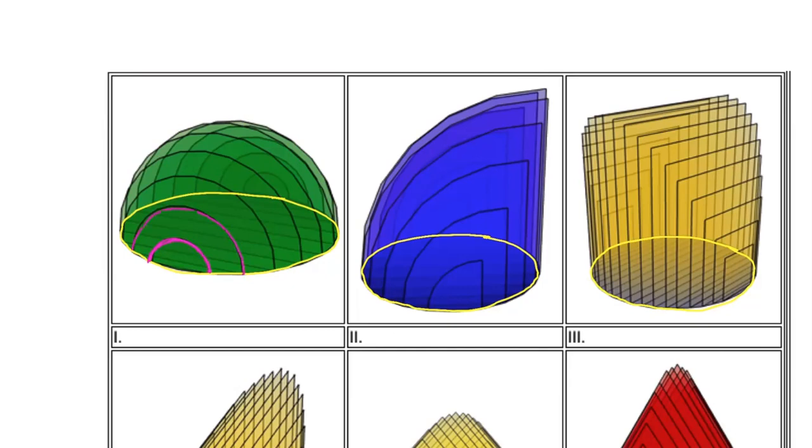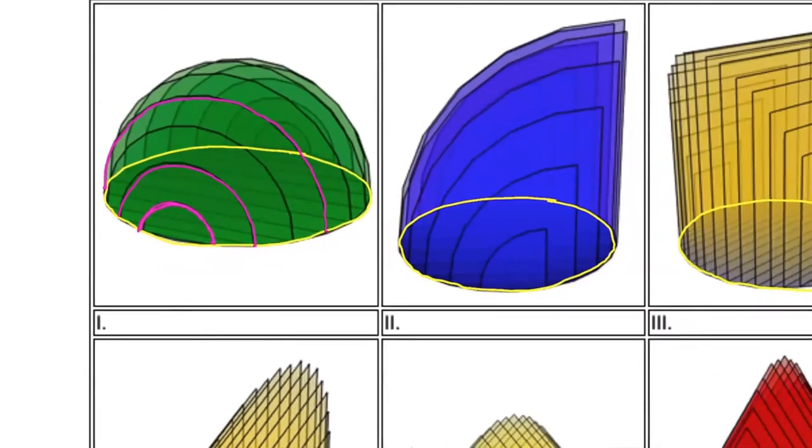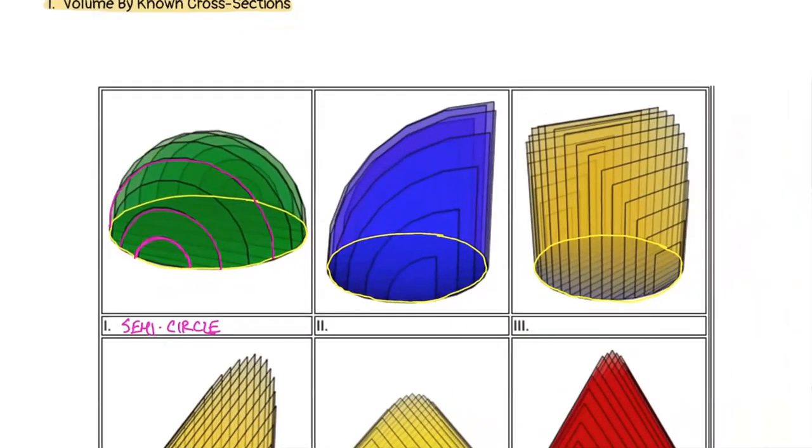Can we be a little bit more specific than a circle? Yeah, semicircles, exactly. And so right in here, I'm going to go ahead and write the word semicircle. All right. So each of these slices are semicircles.